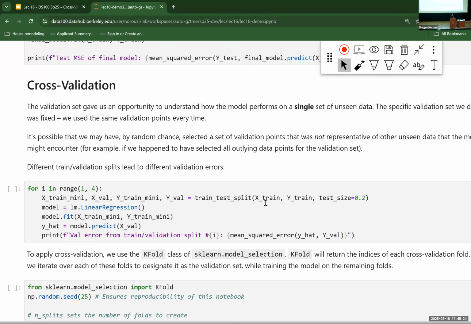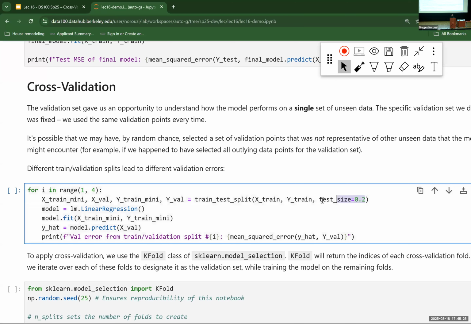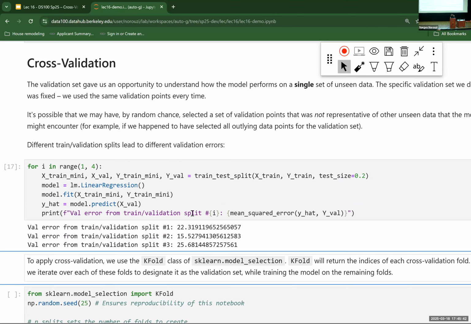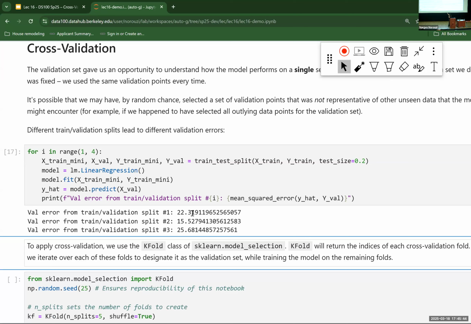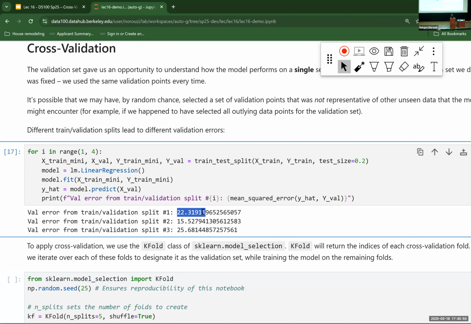If I keep repeating this process without setting the random state, I just specify that I want 20% of the data, and let the process every time give me one random 20% of the data to be my validation. What you're seeing is that we get different errors. One time we got an average error of 22.